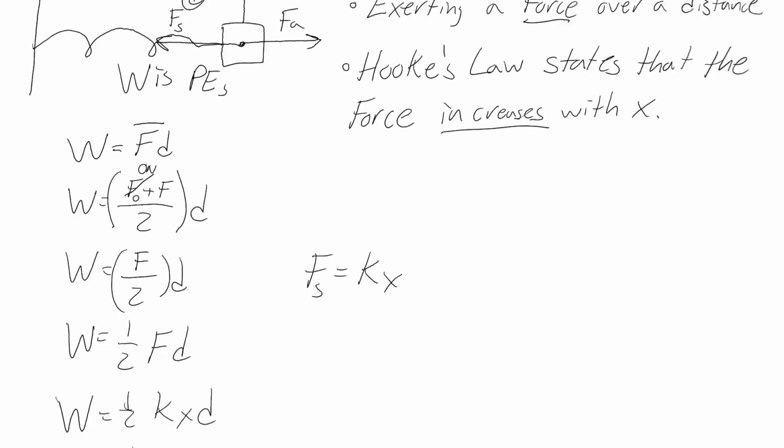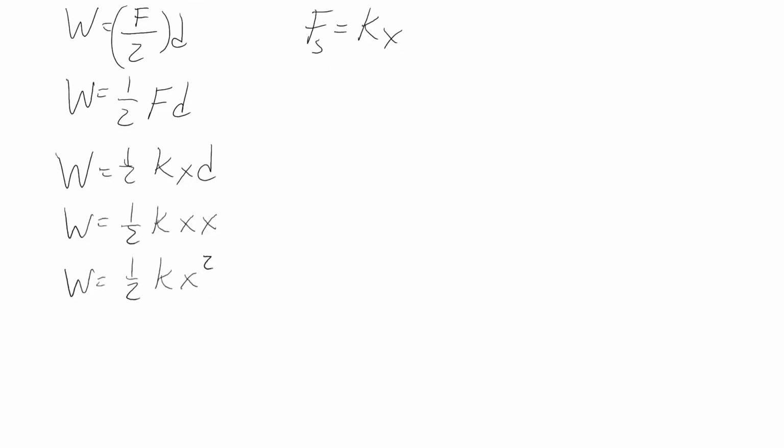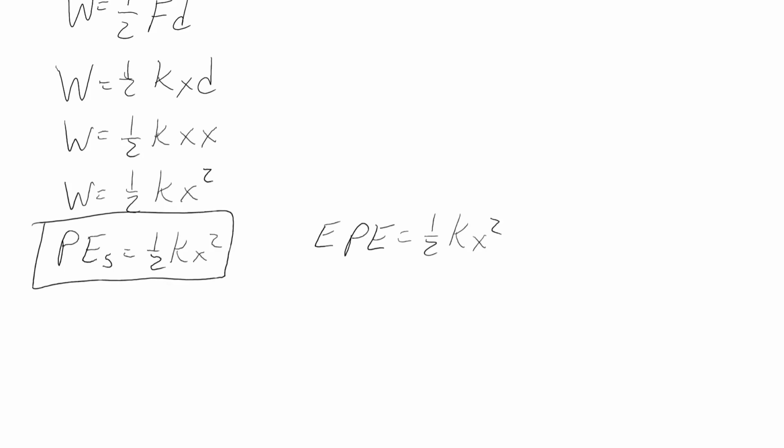So basically, now we know the work done is equal to the potential energy in the spring. Our final step is to say PES is equal to 1/2 KX squared. And as I said before, sometimes they'll say EPE for elastic potential energy is equal to 1/2 KX squared. This is what's in your reference table, and it's right next to Hooke's law.